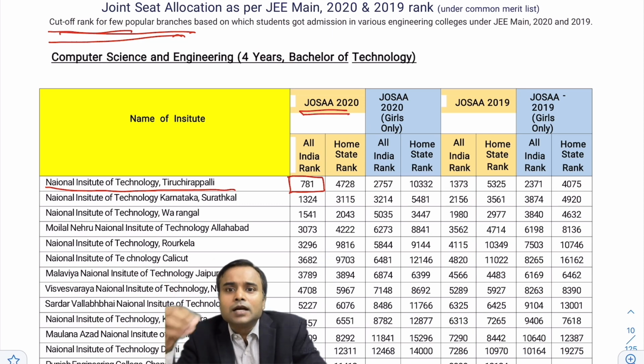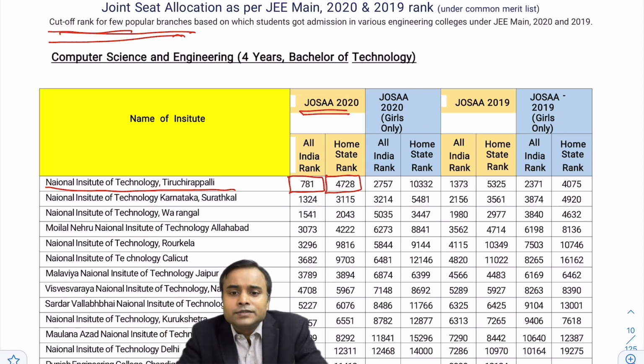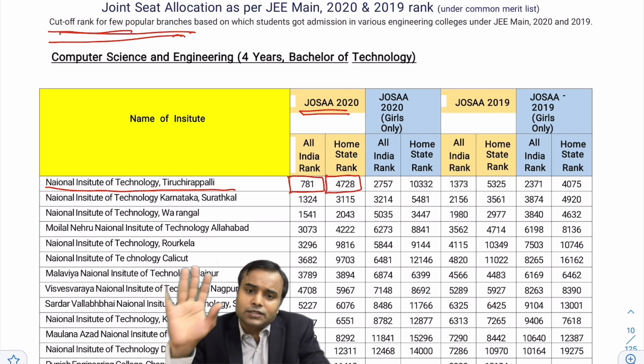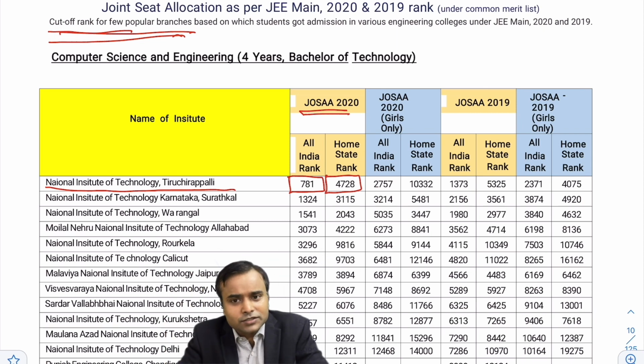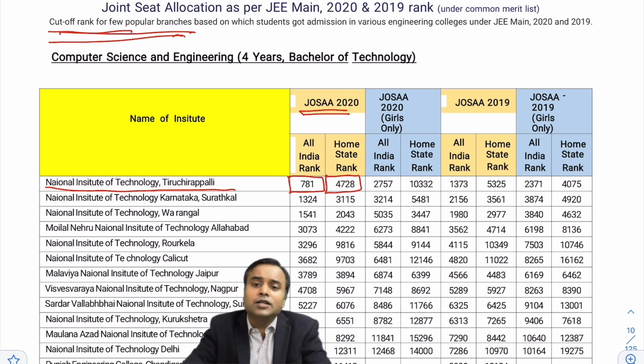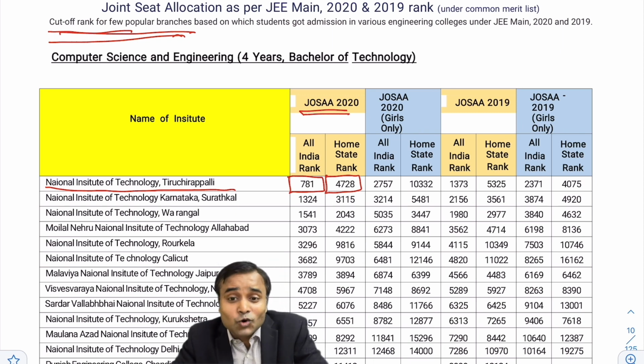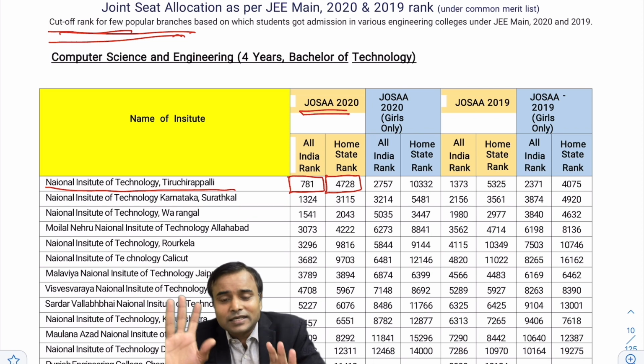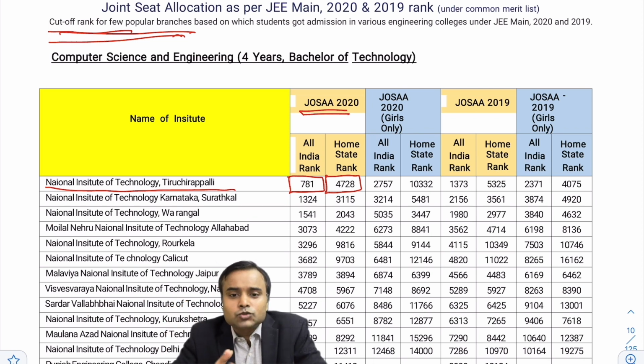A girl who belongs to a state other than Tamil Nadu and has a rank of 2,757 got admission. And a girl who had a home state rank of 10,332 got admission in that college. So these are the home state rank and all India rank.